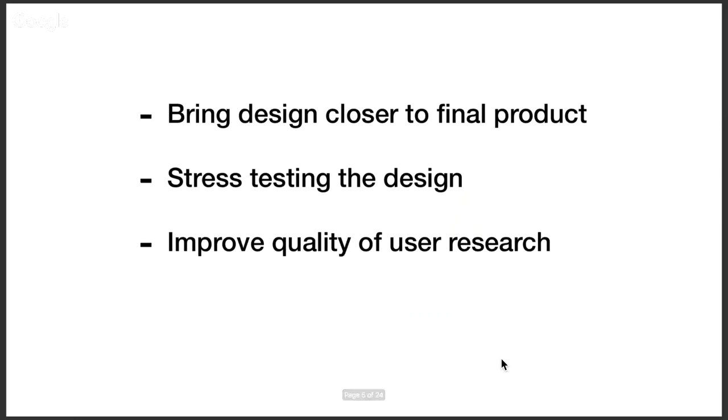I guess I've done some kind of guessing around like this. We want to bring design closer to the final product, and we want to stress test the design and capture the corner cases in our UI, and improve the quality of user research.